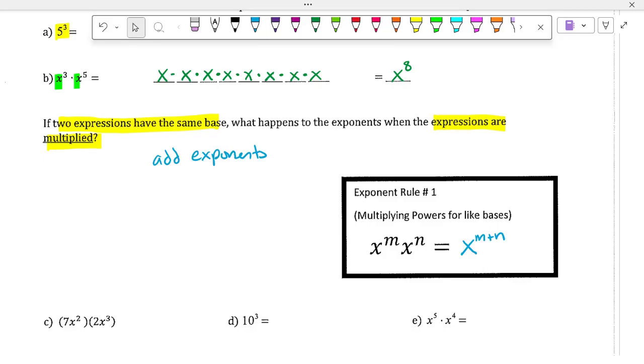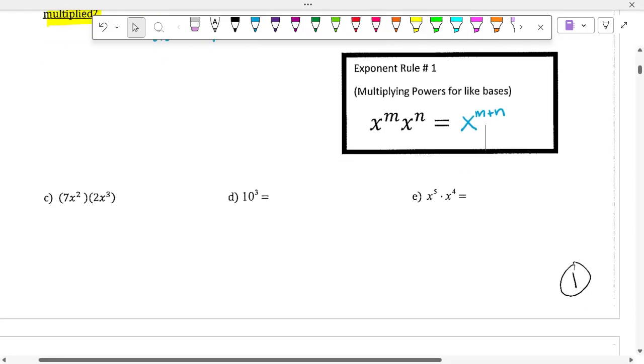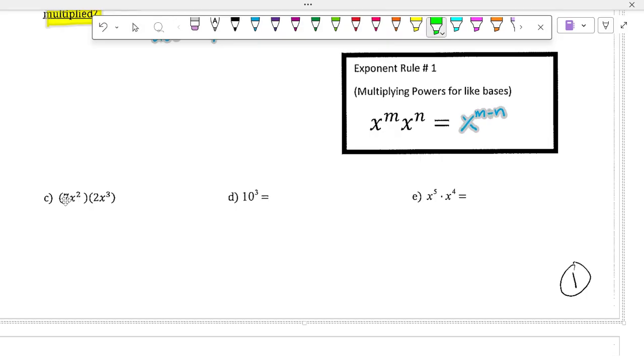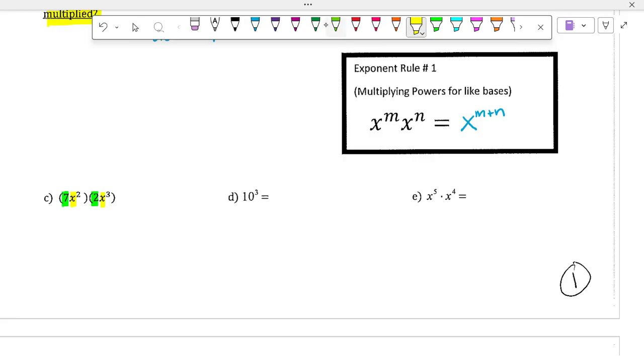All right, so let's look at some examples down here. Example C. You have 7x squared times 2x cubed. Now be very careful, because 7 and 2 are considered coefficients, not bases, whereas the x's are your actual bases. Some people automatically add the 7 and 2 because they get in the habit of the exponent rule.